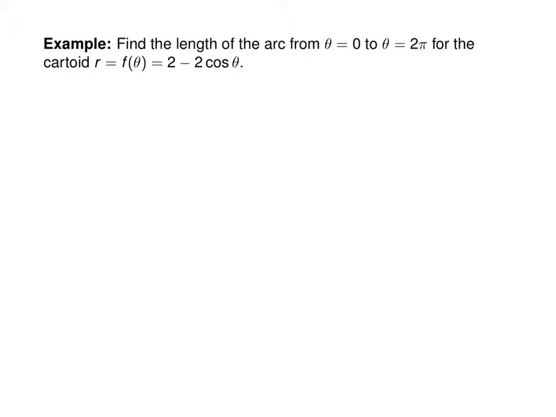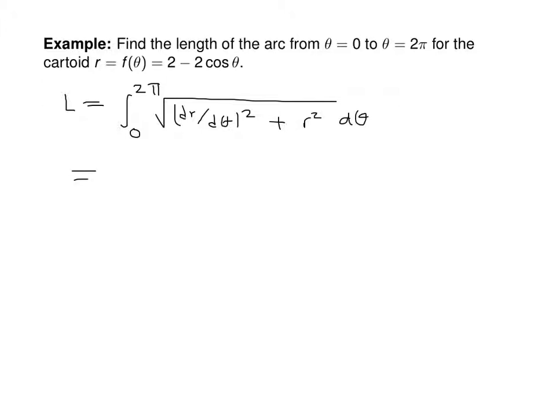Find the length of the arc from theta equals 0 to 2 pi for this other cardioid, f of theta equals 2 minus 2 cosine theta. Once again, the length is traced as we range from 0 to 2 pi. First we have the root of (dr/d theta) squared plus r squared d theta, so let's plug those things in.